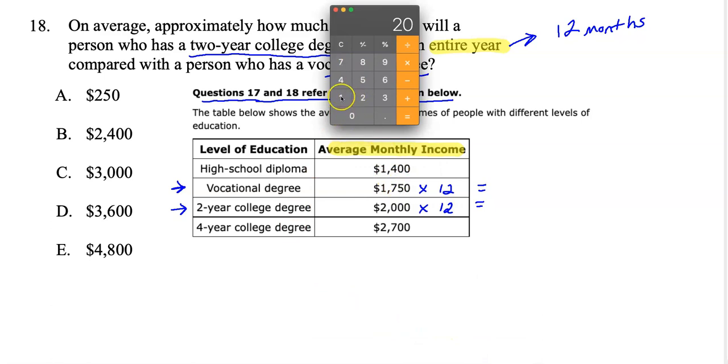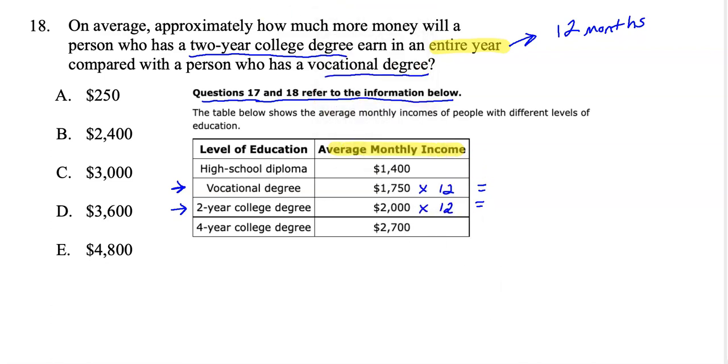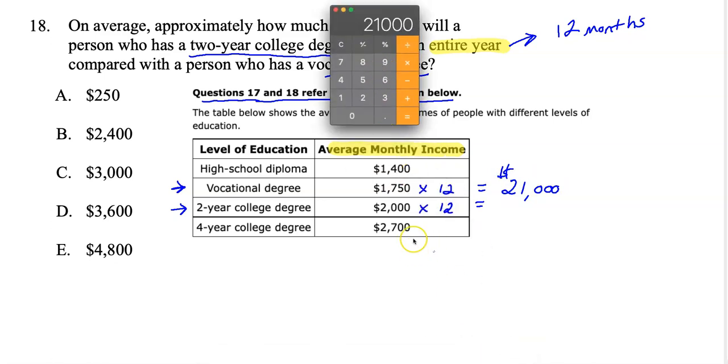So 1,750 times 12 equals 21,000 for this person per year. And this person's 2,000 times 12, and that's 24,000.